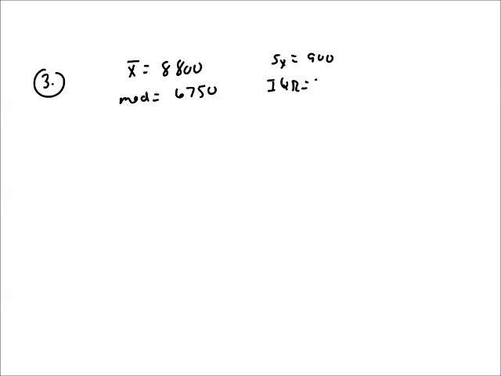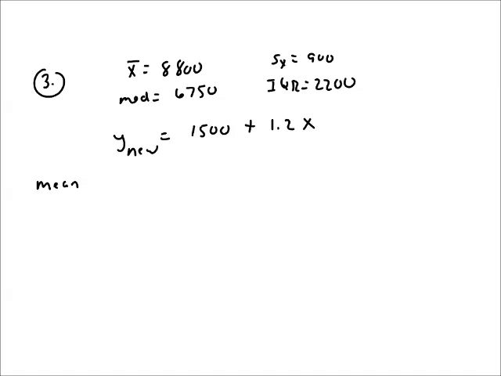Number 3. So mean is 8,800. Median, 6,750. Standard deviation, 900. IQR, 2,200. And we have y sub new is equal to 1,500 plus 1.2x.